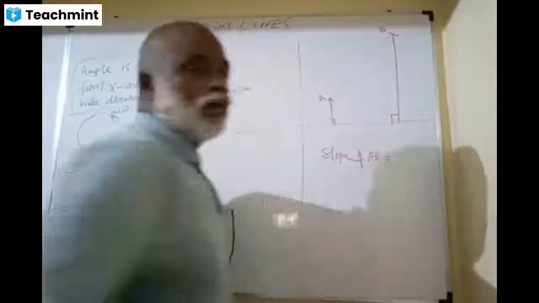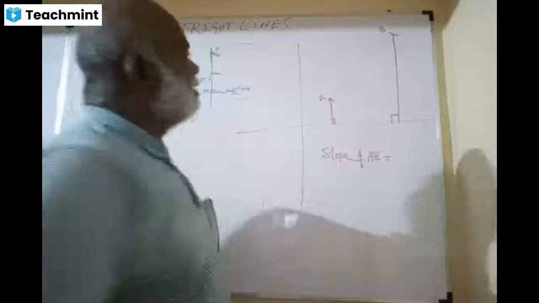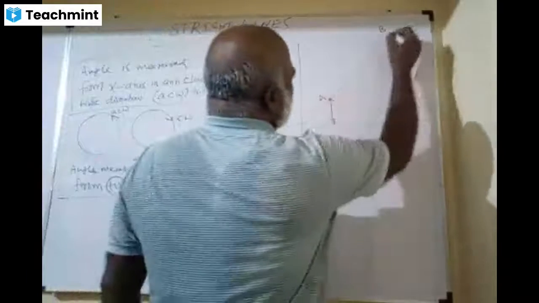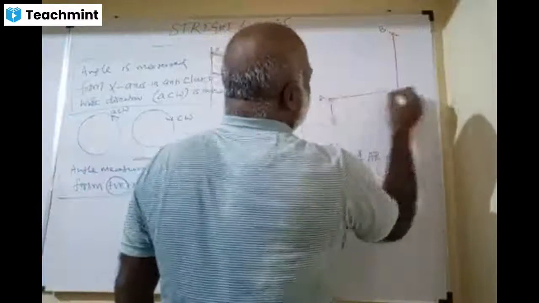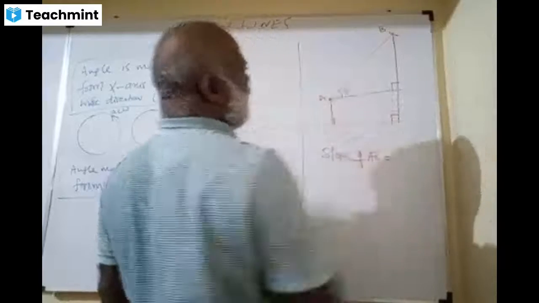How do we talk about the slope of a line segment? Friends, see, you can make a triangle here. This angle you take as theta.